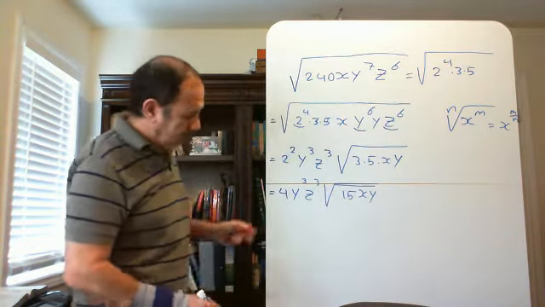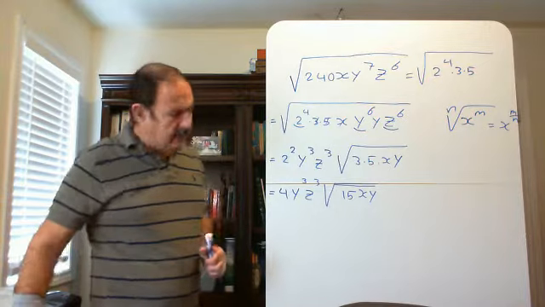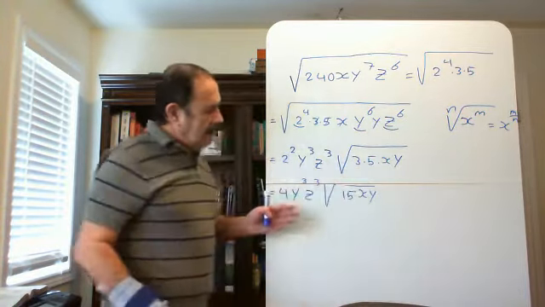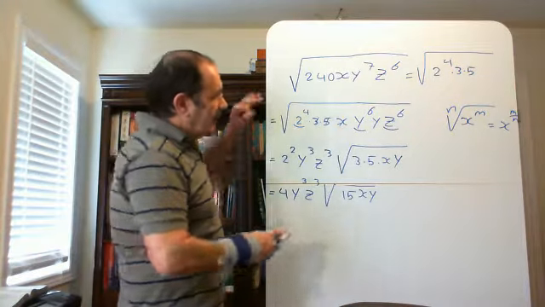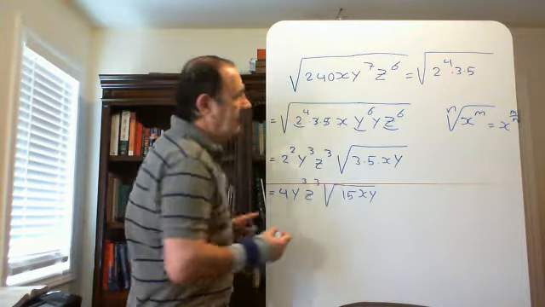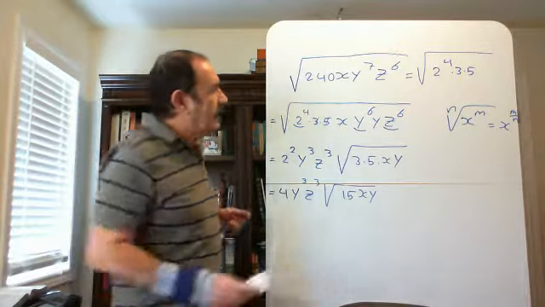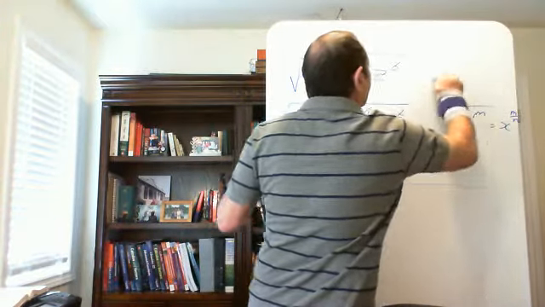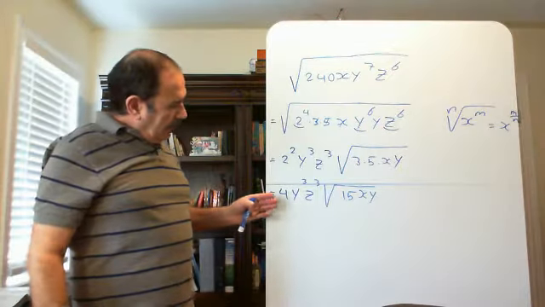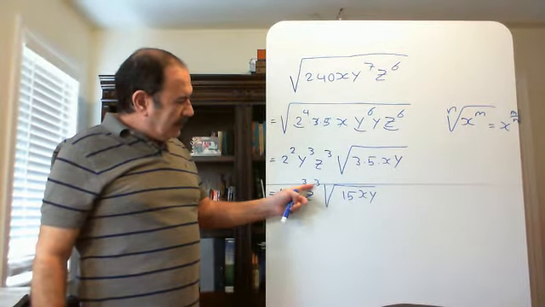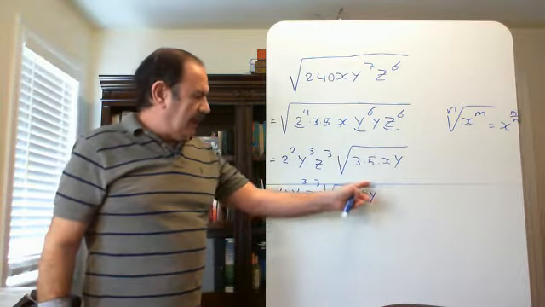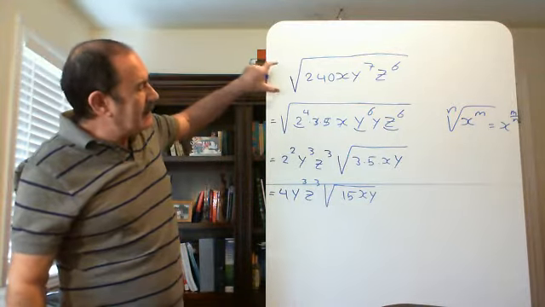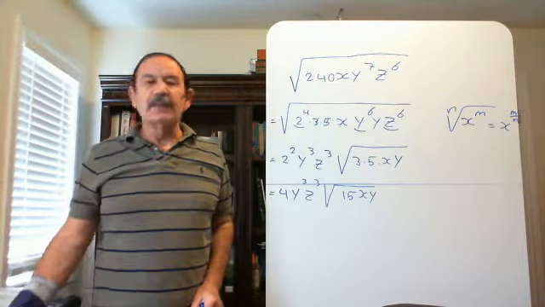So this is the simplified format of this one. Let me erase this part too. So 4 y to the power of 3 z to the power of 3 radical 15xy is the simplified format of the top one.